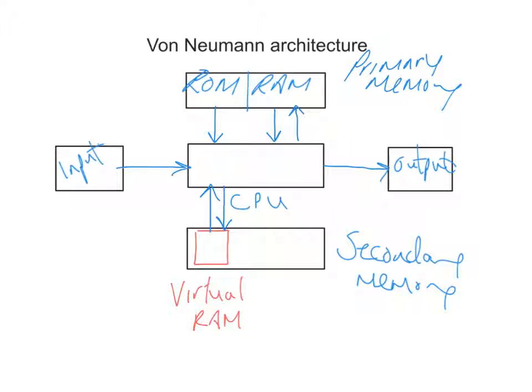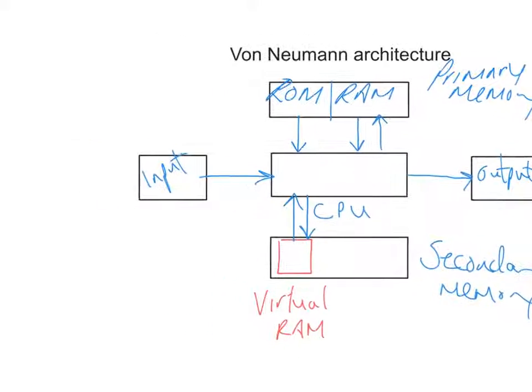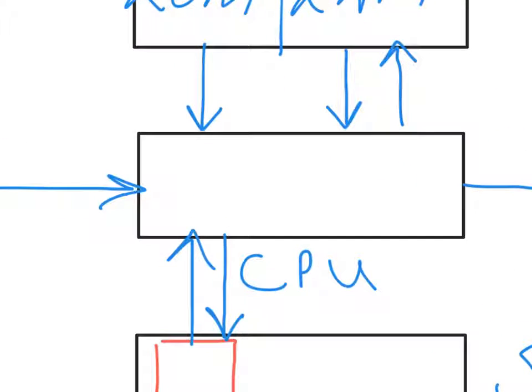And just for reference, the CPU is split into three areas. You've got the control unit, and you have the arithmetic and logic unit, or for short, the ALU, and that does all the maths and the logic gates.